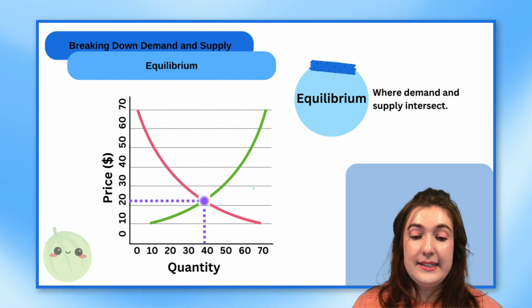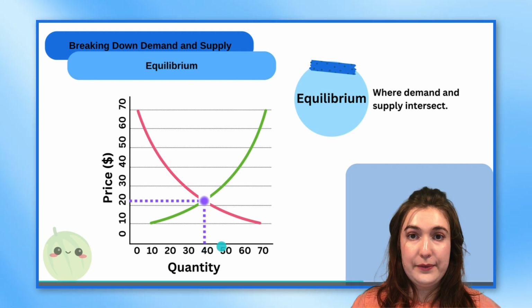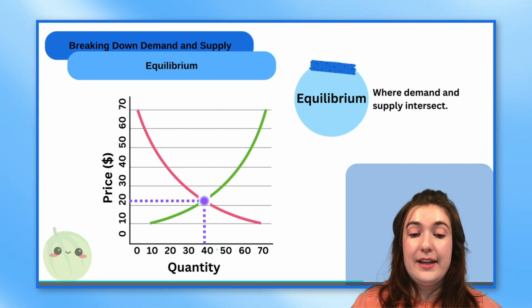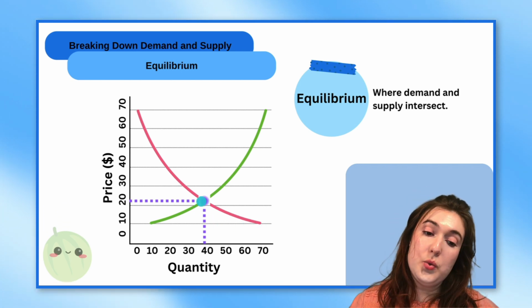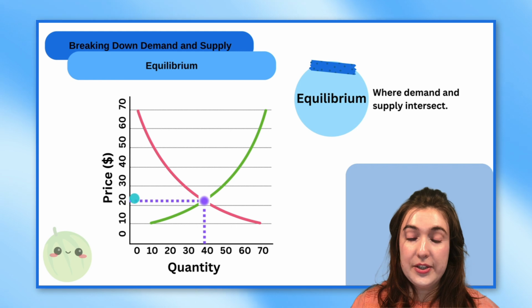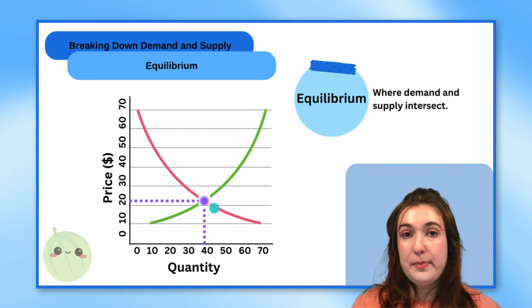And basically what that's telling us is that if we are going to be supplying our green line, we are able to supply a quantity of 40 blueberries, for example. And if we look at demand, our pink line here, that intersects at roughly $21 or $22. So that means that customers are demanding 40 blueberries at $22.